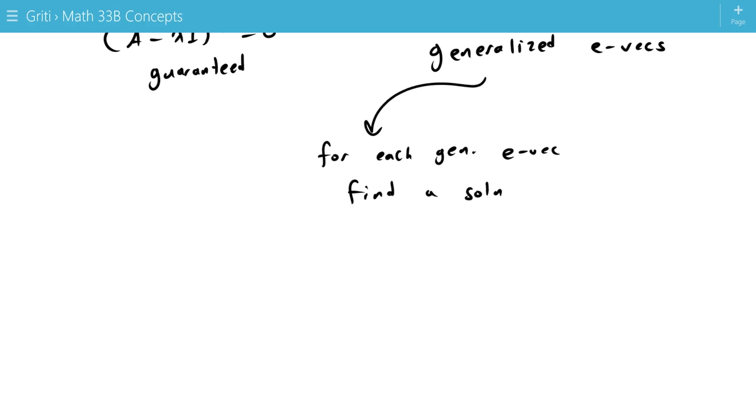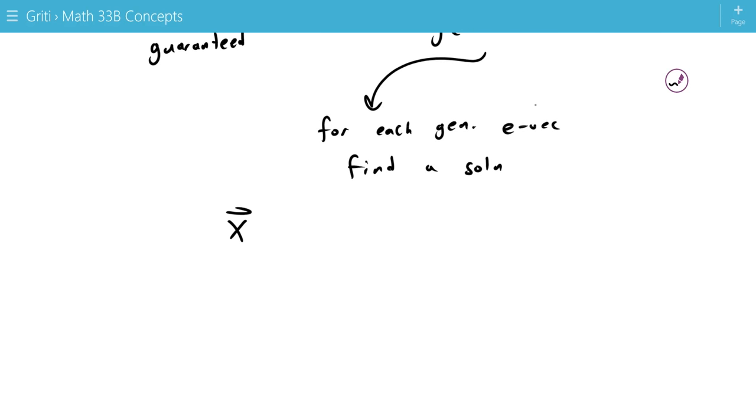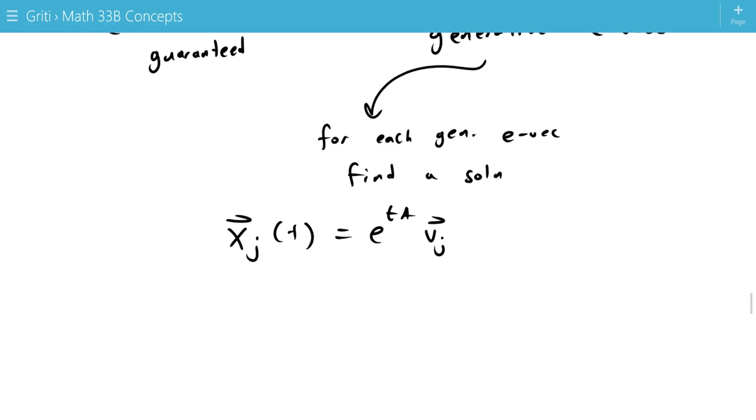We'll call this xj of t, which equals e to the tA times our vj for each vector.